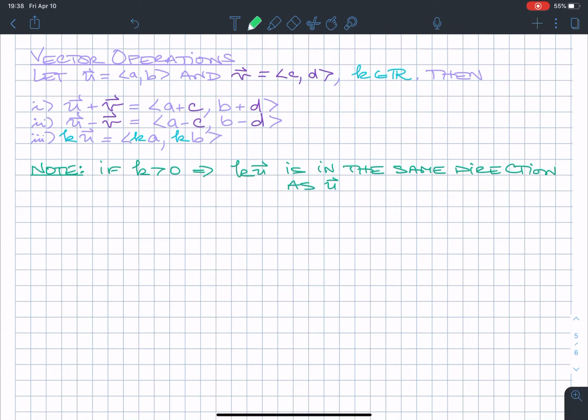However, if k is less than 0 or negative, this implies that k times u is in the opposite direction of u.